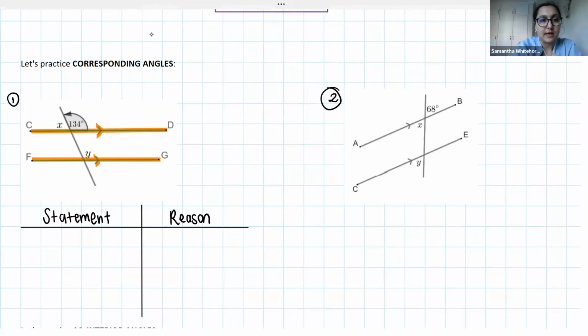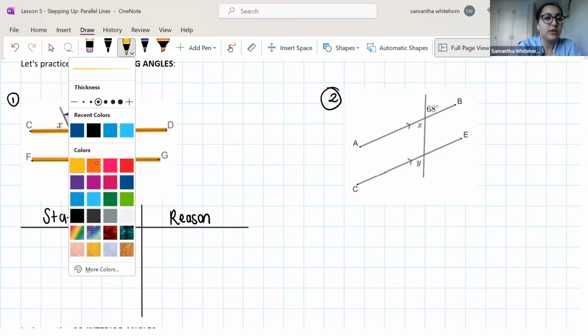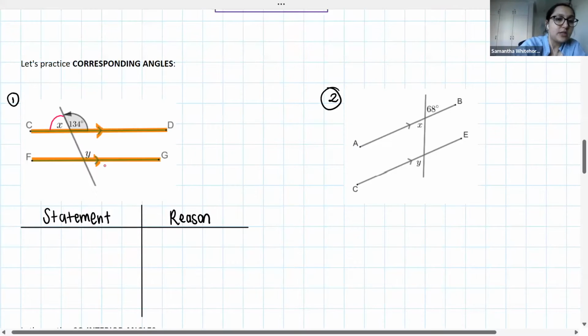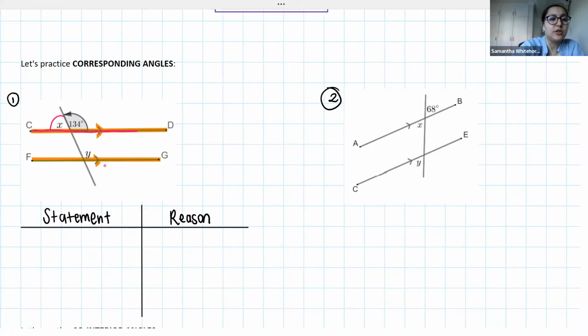If I look at X, if we look at its position in the diagram, it is right next to 134. And what we see is that X and 134 are on the straight line CD. So because they're on a straight line, if I add them together, I should get 180 degrees.